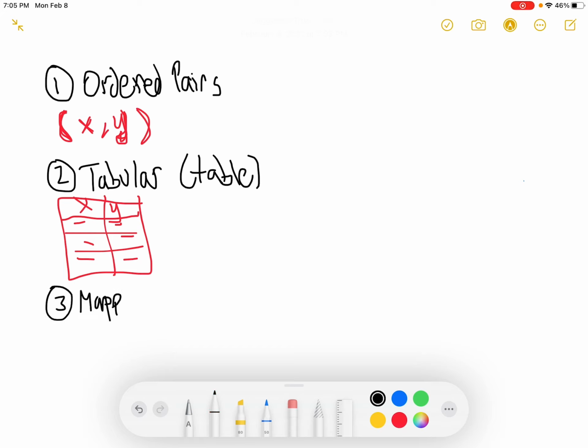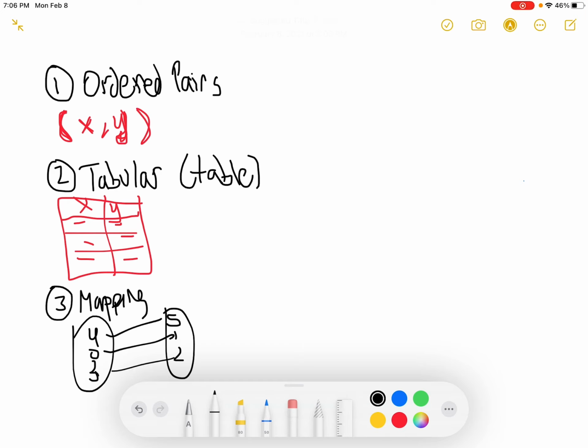That's when you have 2 ovals, and then you have numbers, like 4, 0, 3, and then 5, 1, 2, and then you draw arrows between them. And then you also can graph it, obviously. You just have points wherever they are. There you go.